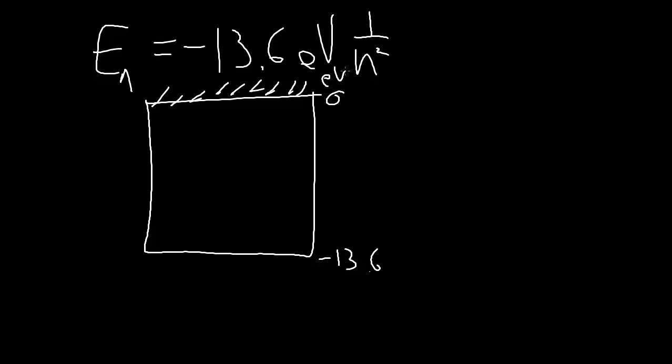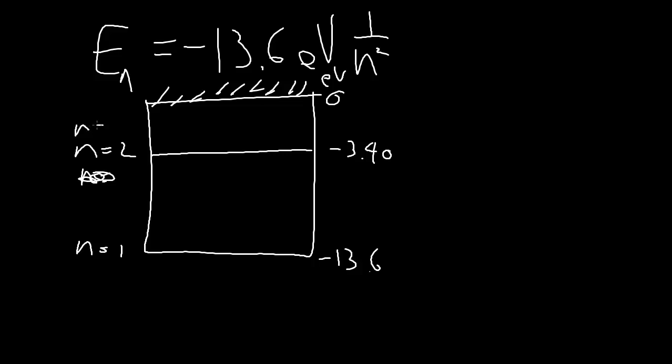Next level, so this is n equals 1. At n equals 2, you're 3/4 of the way to the top because it's multiplied by 1/4. So you're over here, and that's negative 3.4.